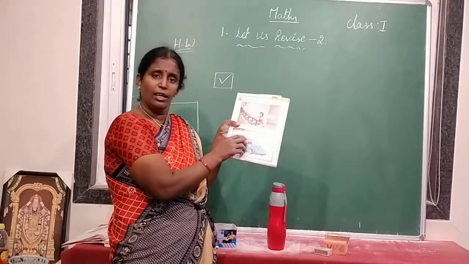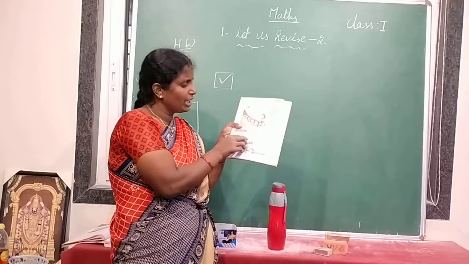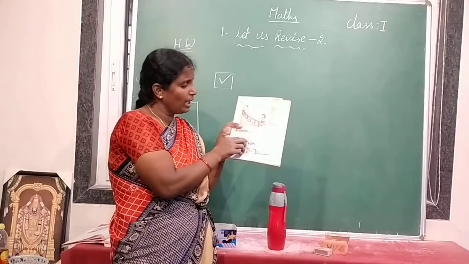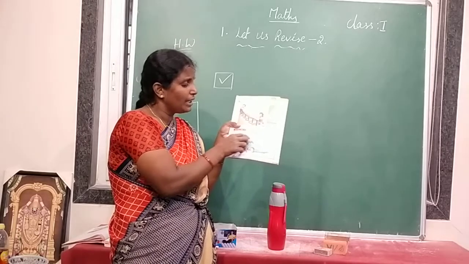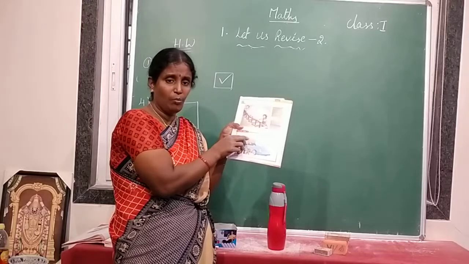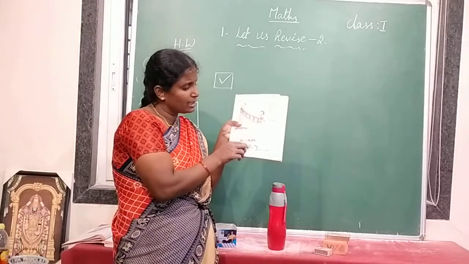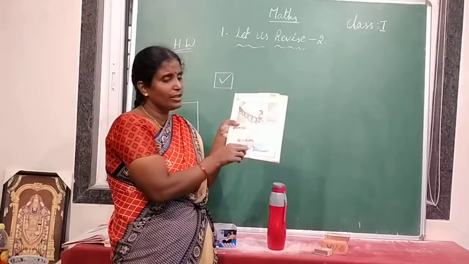Cat is on the top. So for this object we have to write T for top object, which is on the top. For that object we have to write T. And this is, maybe it is dog. So dog is on the bottom of the car.